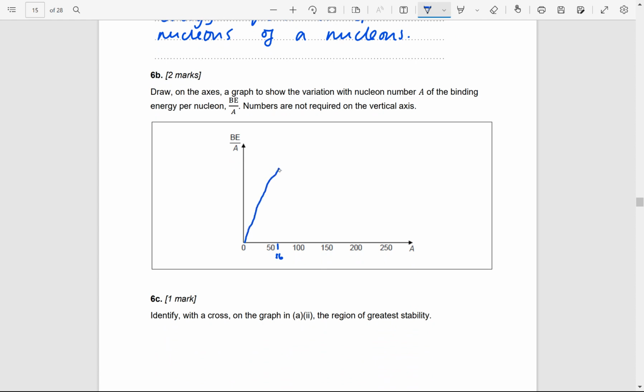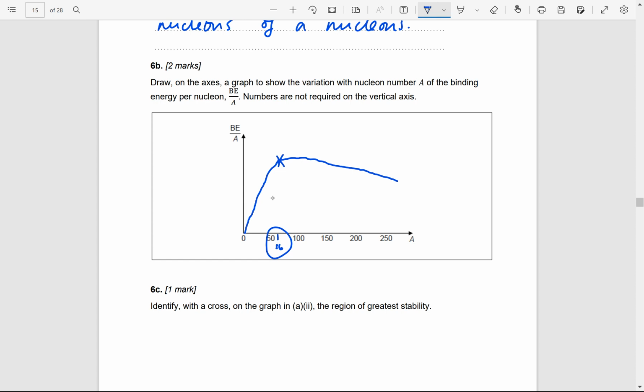So it grows and then it tails off. And this point here is the point of maximum stability. Apologies if I've got that number wrong. It's iron. Wherever iron is, the mass number of iron, I think it's 56, but I could be wrong. But yeah.